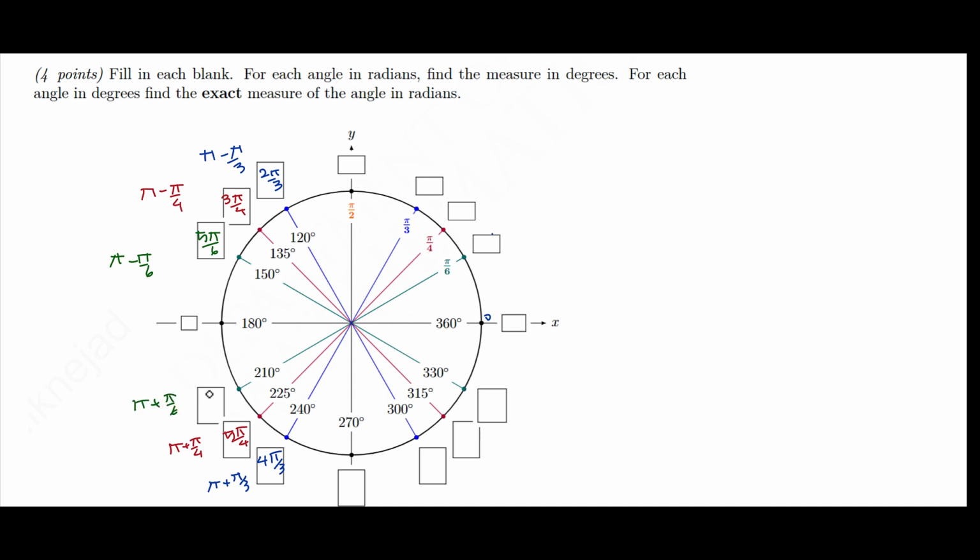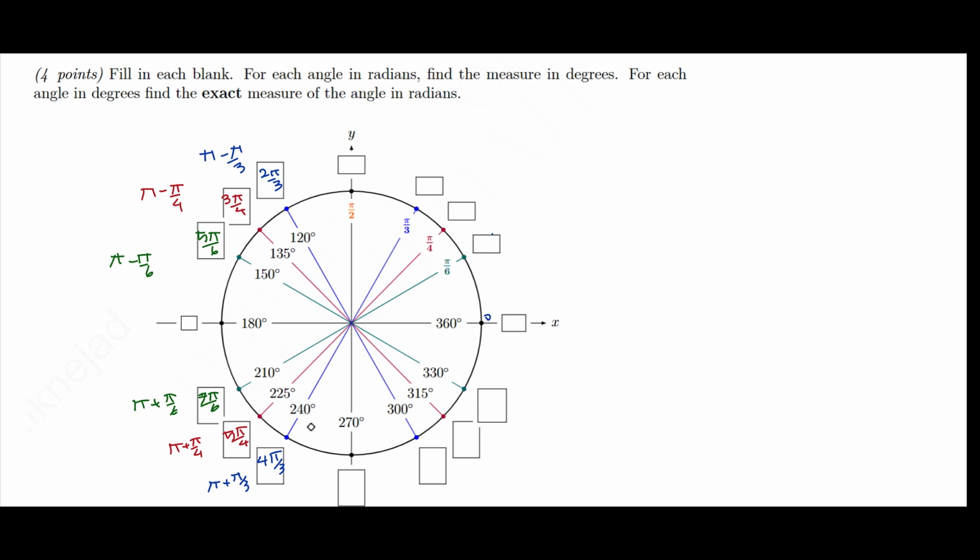And that's 7 pi sixth. And the reason is that you can see that there is a pi angle, or a 180 degrees difference, between pi sixth and this angle. So I really don't have to compute this every time. It's just that I have to kind of know where everything is.